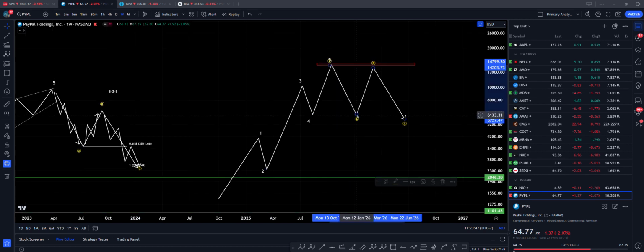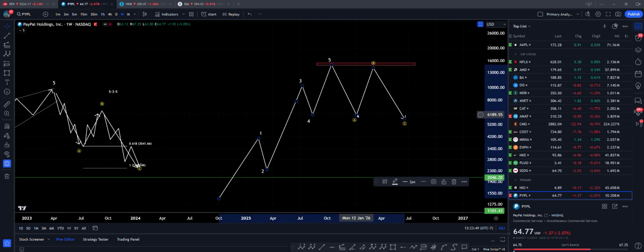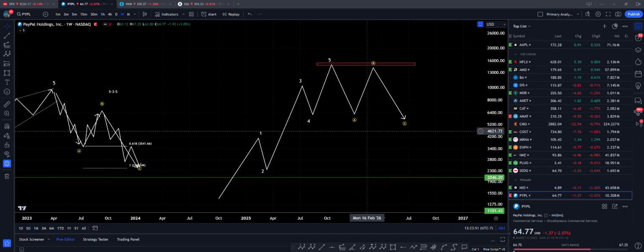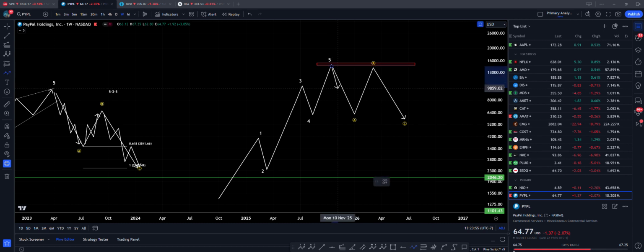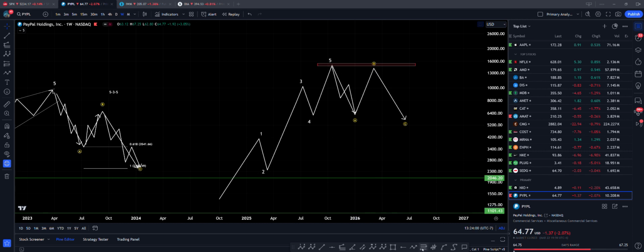The zigzag is different from a flat in that a flat is a 3-3-5 pattern, right? So the first leg is a three wave down and another three wave up, and the last leg is an impulsive leg where we have five waves down.